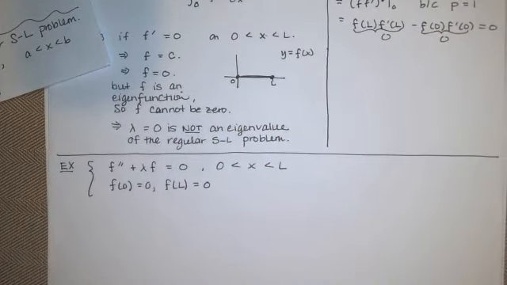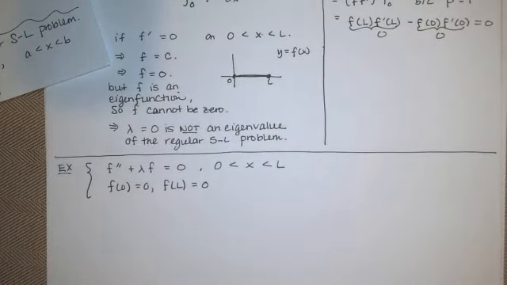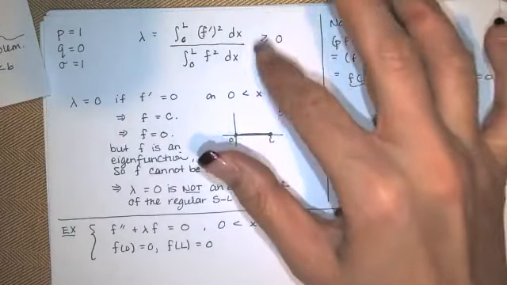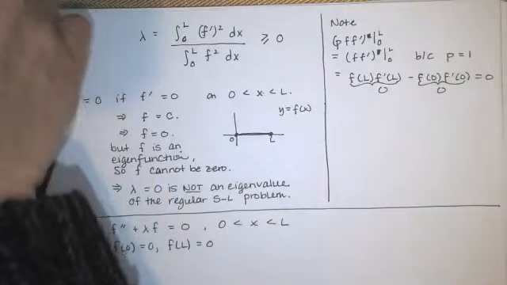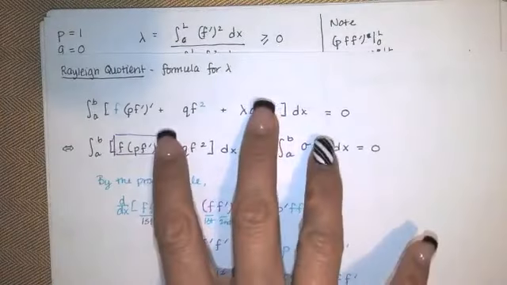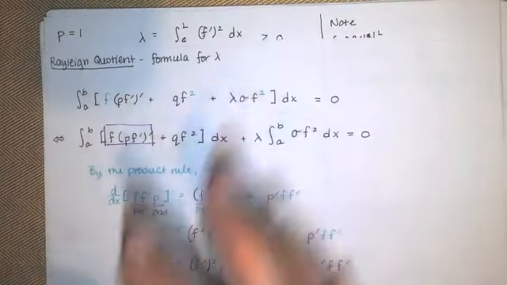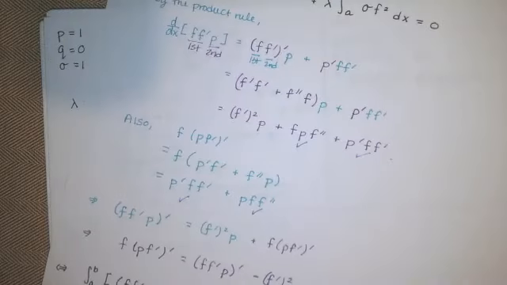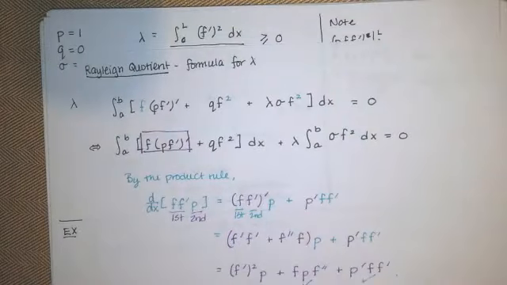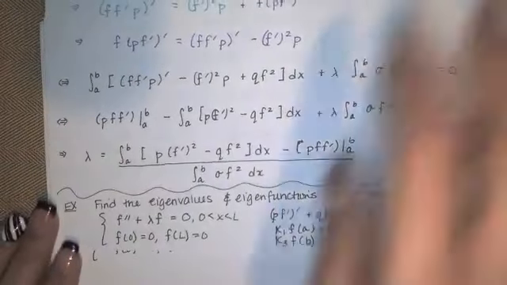Now, one thing that I want you to notice is that we got all of that from just this expression, and we got that expression from manipulating the original differential equation, multiplying by f, integrating, and then solving for lambda. And we know that we could do that based on the properties of the functions from the regular Sturm-Liouville problem.